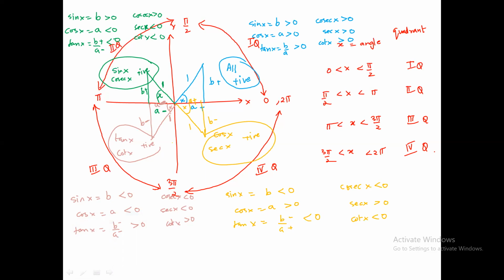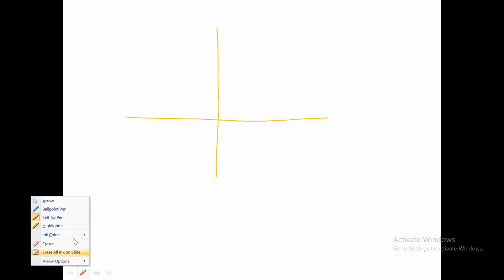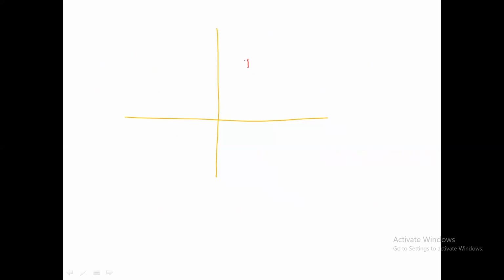So these are the signs. You can remember it like this, instead of doing all these, the easy way to remember. In the first quadrant, all are positive.